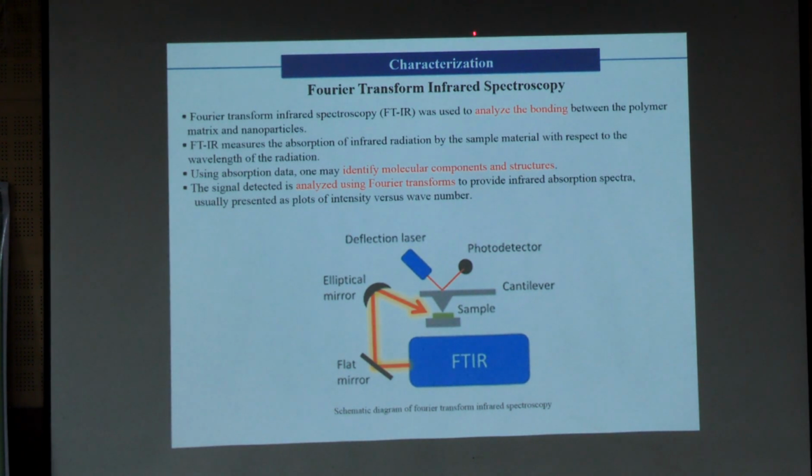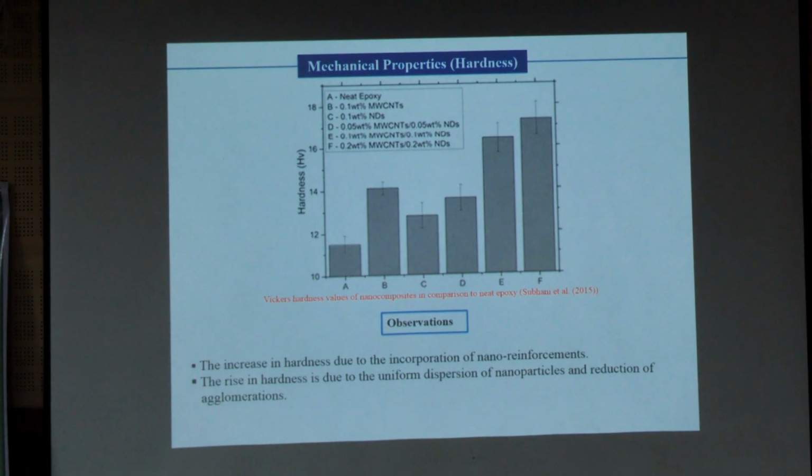So this also gives analysis about the bonding between the particles and the matrix, and also identifies the molecular components and structures inside the matrix, as well as it is useful to get insights of the overall material, where actually Fourier transform will be used for this analysis, right. That's why it is called Fourier transform infrared spectroscopy, right. So then after ensuring the properties from the characterization, we can go for the testing, right.